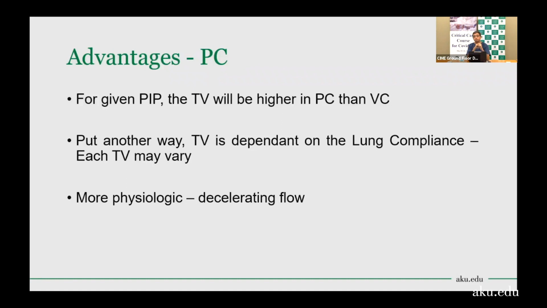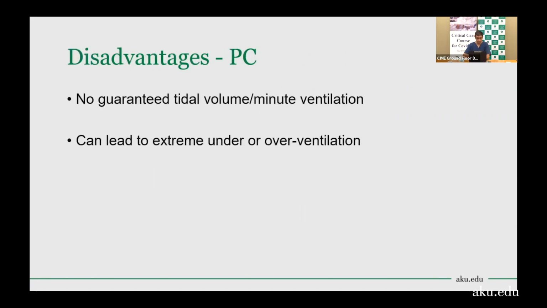So look at it this way: the tidal volume is dependent on the lung compliance. The more elastic the lung, the higher the compliance, the more tidal volume will be generated for a fixed amount of pressure.